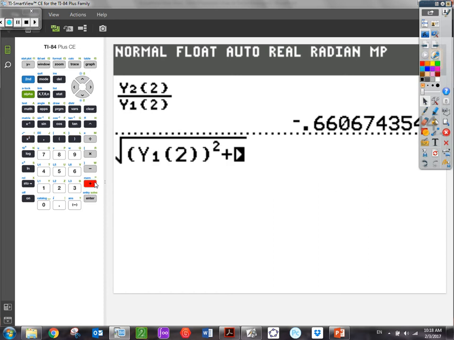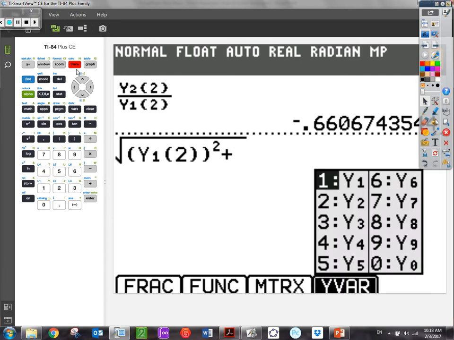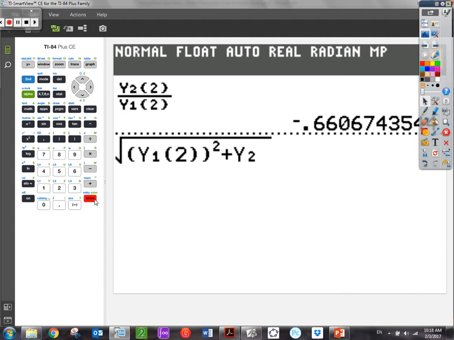Okay, plus, and then I need y2, so alpha, trace, we're going to go to y2. Okay, oops, I forgot the parentheses again. So I'm going to go back, and I'm going to do second, delete, where my insert button is, put my little parentheses back there.